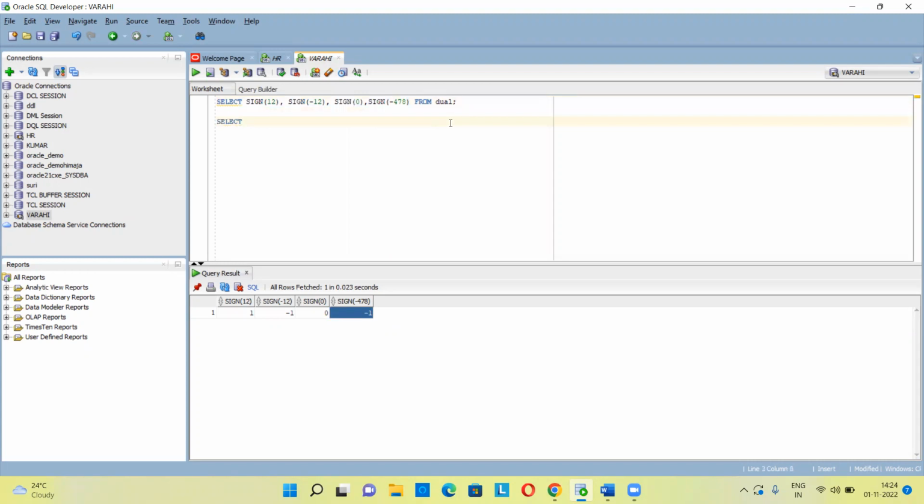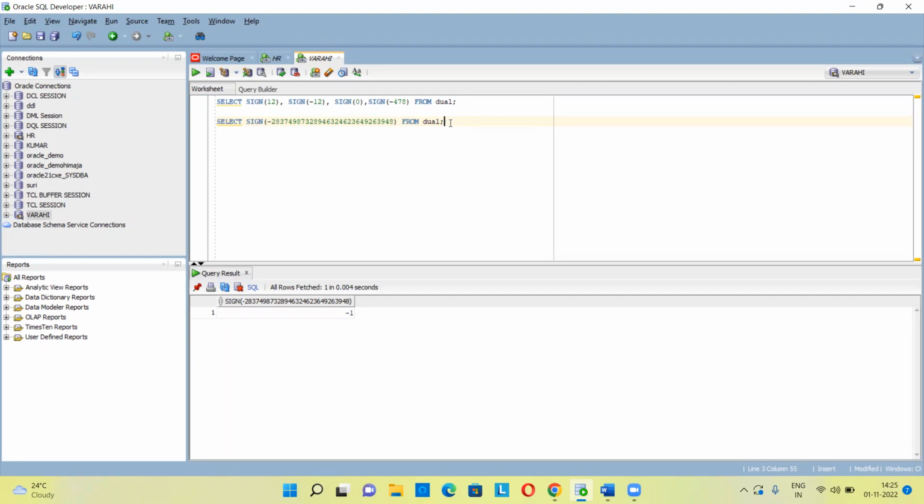Let me write one more example for you: select sine of some big negative number from dual. See the output. It is just going to return plus 1, minus 1 or 0.